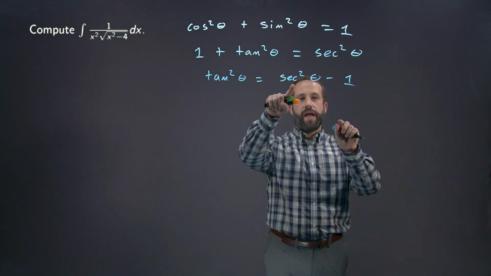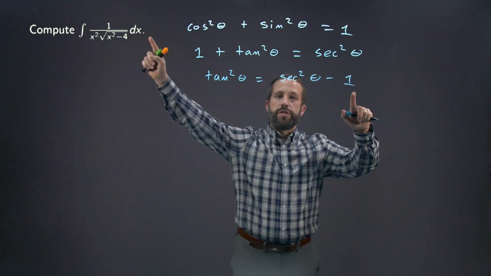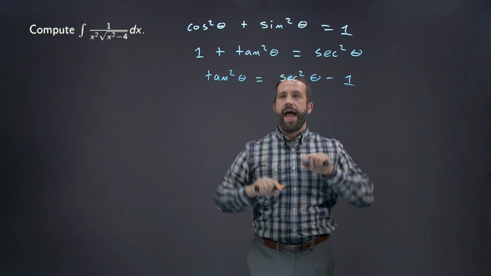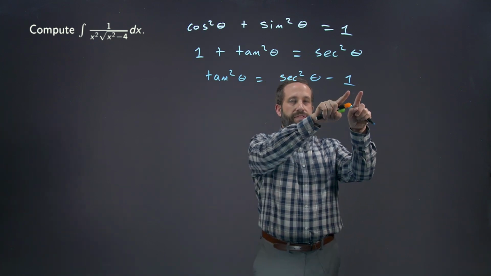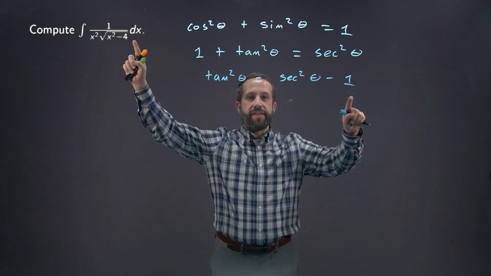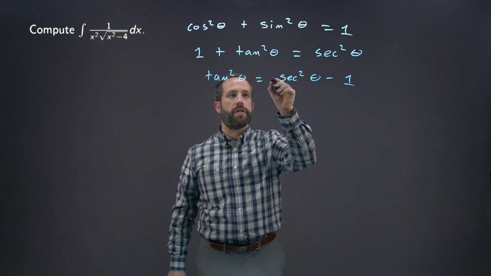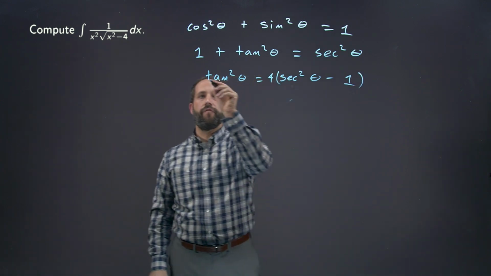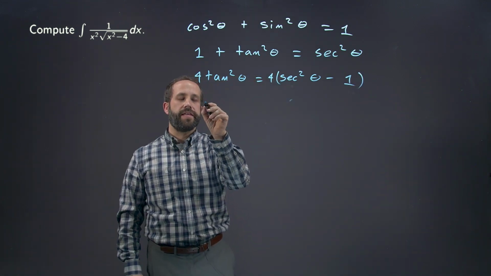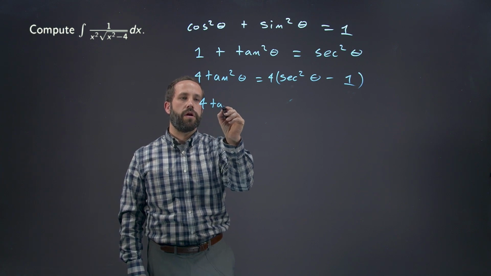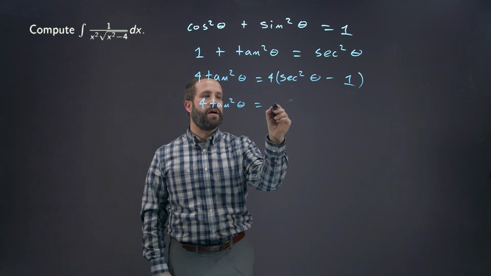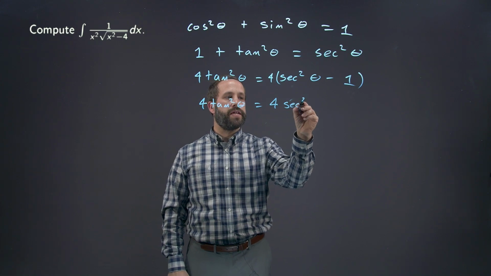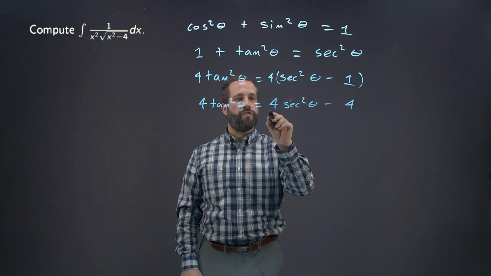And so now I've got a variable minus a constant, which matches the form up here. And the only other difference is that I have a minus 1 here, but I need to have a 4 here. So if I multiply this whole thing by 4, I get something like this. And finally, I've got 4 tan squared theta is equal to 4 secant squared theta minus 4.